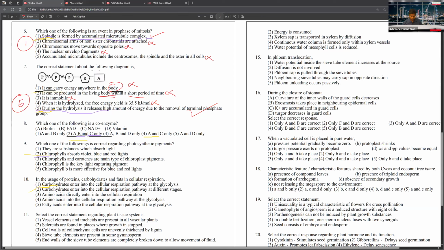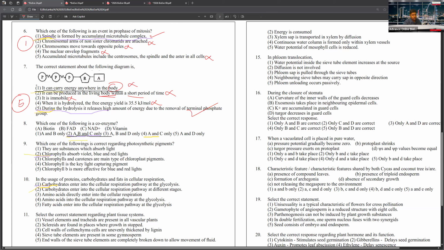ATP can be produced within living cells within a short period of time. Using ADP, inorganic phosphate and energy, production of ATP within the cell is called phosphorylation. During hydrolysis of ATP, ADP and inorganic phosphate are produced due to the removal of the terminal phosphate. As a result, very high energy is released. This is because of the reaction of ATP and water. So therefore, we'll take the fifth one as the best answer here.